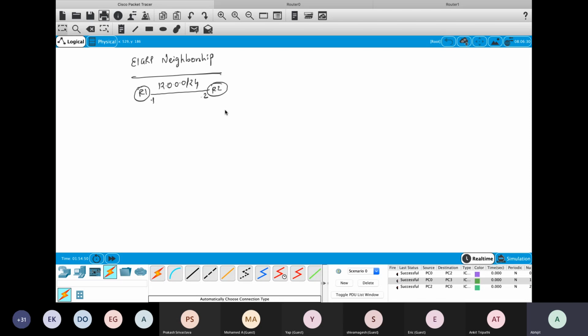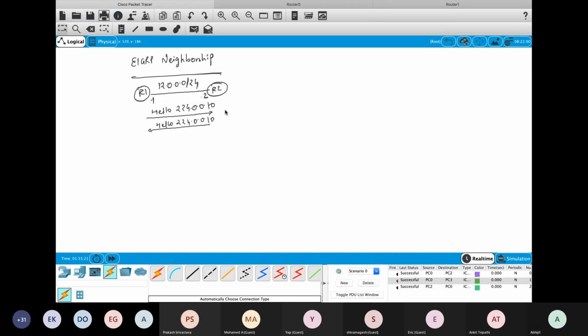The very first procedure is that both routers start sending hello messages on 224.0.0.10. They send multicast hello messages on this particular address, and any router that has configured EIGRP will receive that hello message.